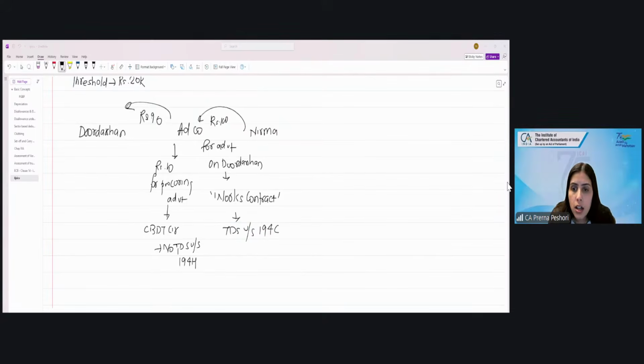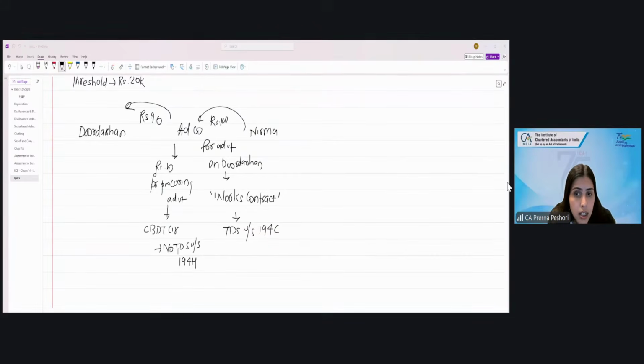Here, if it was a pure agency agreement, if they had agreed in a contract that this advertising agency is acting on behalf of the assessee, on behalf of Doordarshan, and binding the assessee to whatever contracts they make with the customer, then TDS will be applicable on the amount retained.